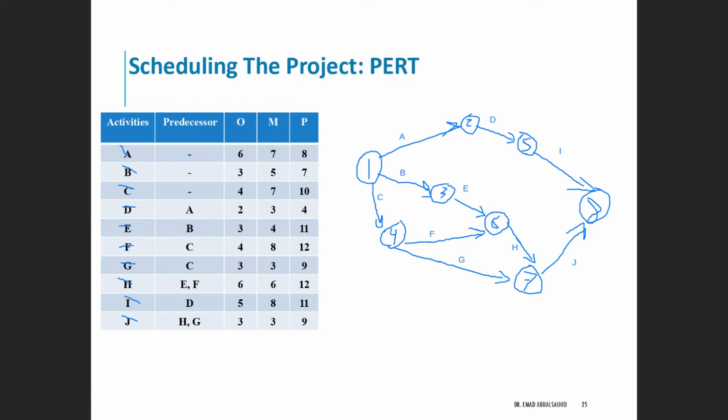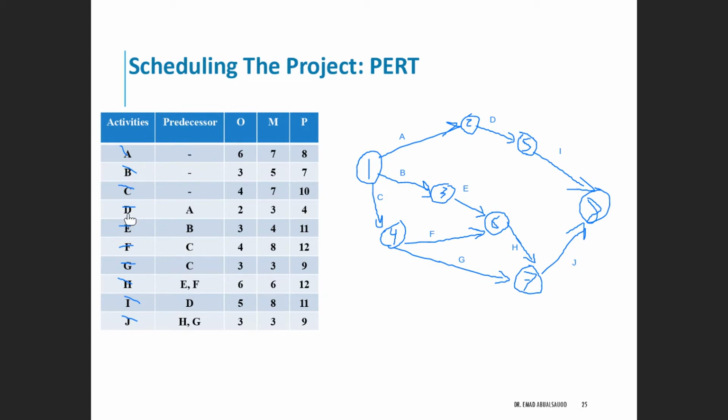The good thing about it, you can easily validate your answer after you do the drawing by tracking the event. For example, the start event: starting from 1, I have activity A, B, and C. All of them are placed at the beginning because there is no predecessor for each one of those. Then we track each one of them.